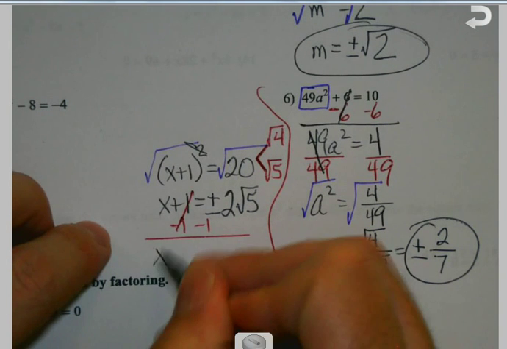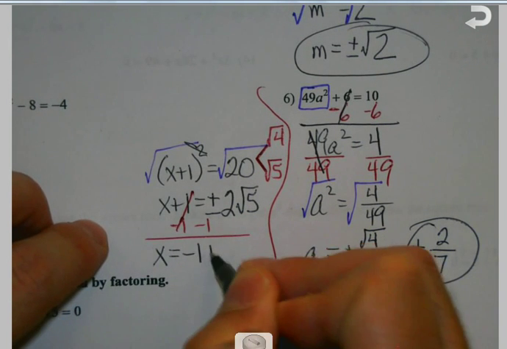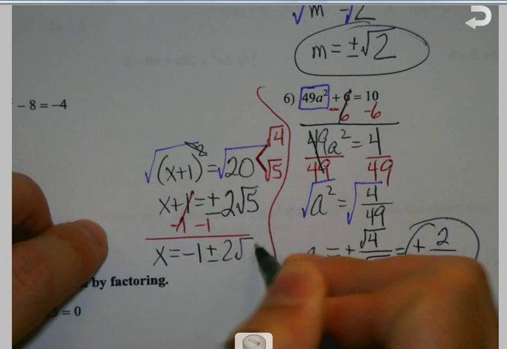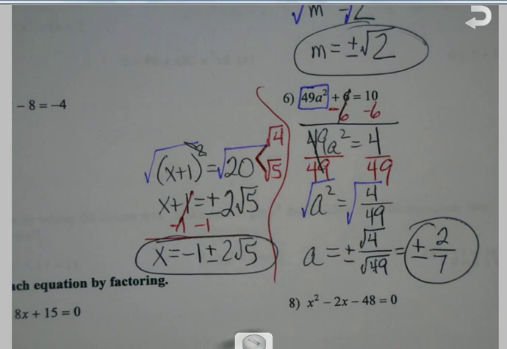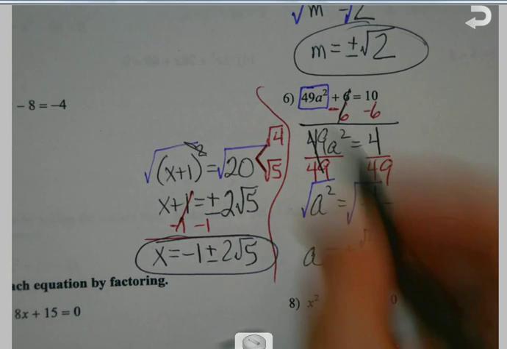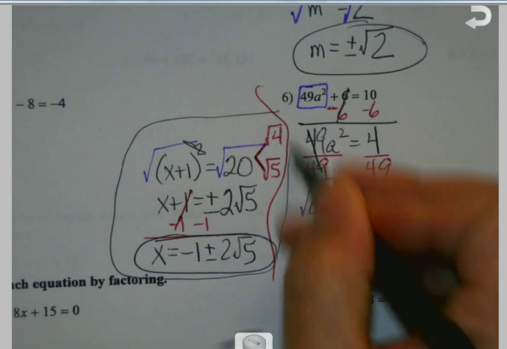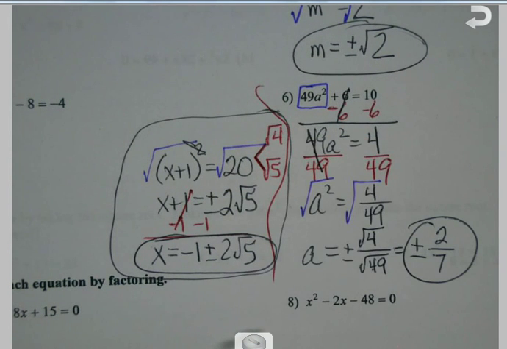This is the only time that I will be taking the square root before my final step, is if I have the parentheses like that. Okay, so this is kind of in its own little world here. Because every other time we do it, it's going to be like what we're doing in 1 through 6. I'm going to do everything to get that squared term alone, then I'm going to do the square root, except if I've got the parentheses.